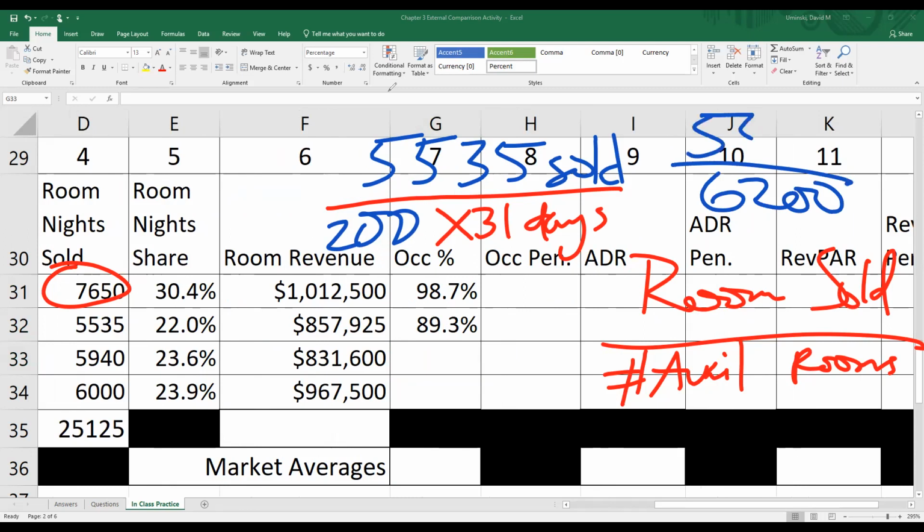So this one would actually be 5,535 divided by 6,200 rooms, because that's the number of rooms available in January. Any questions about that? Okay, go ahead and figure out the last two.